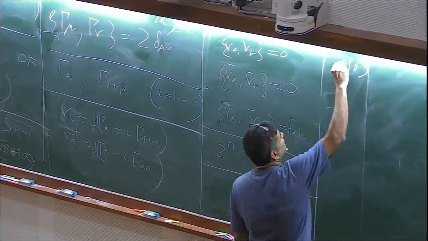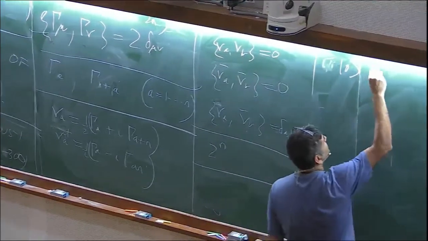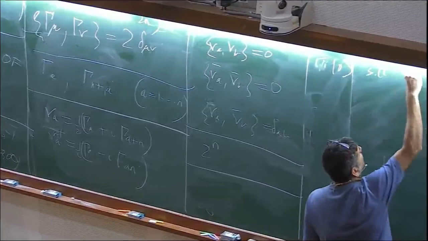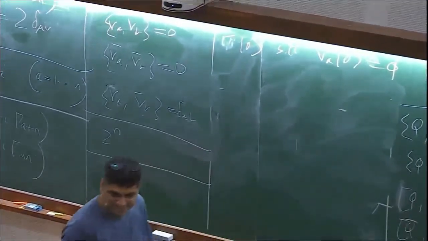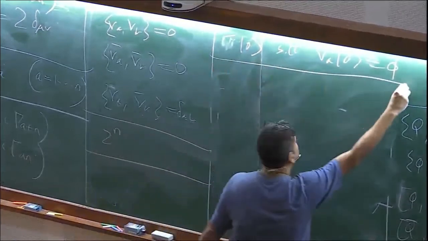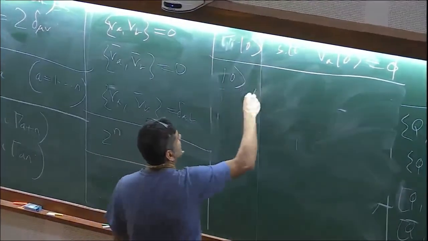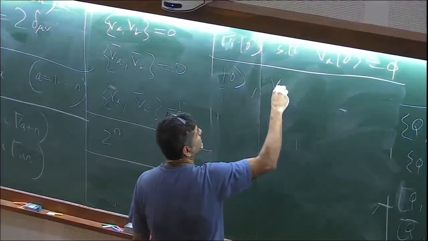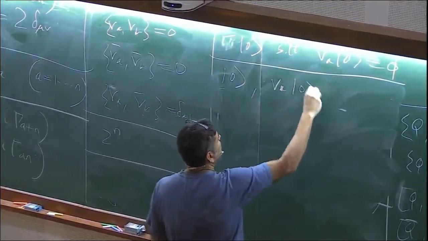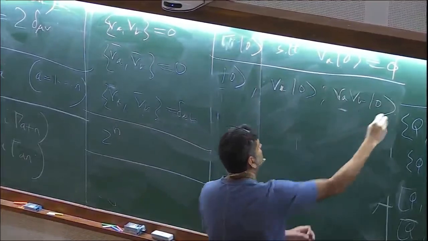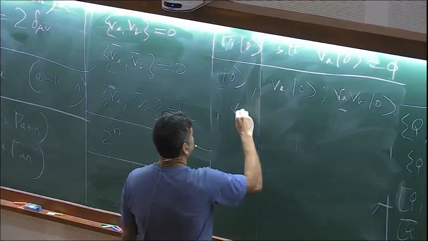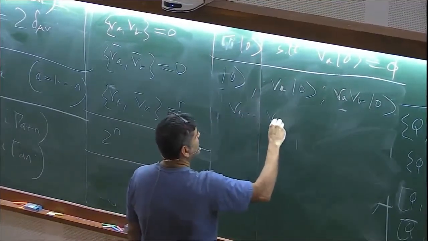So |0> is defined such that γ̄_A|0> = 0. Now our basis is given by |0>, then γ_A|0>, then γ_Aγ_B|0>, and so on, up to γ_A1 through γ_AN|0>.